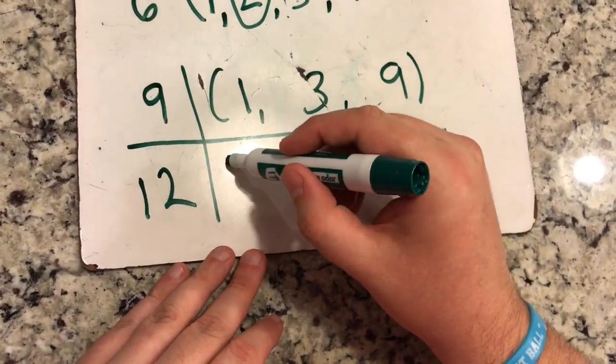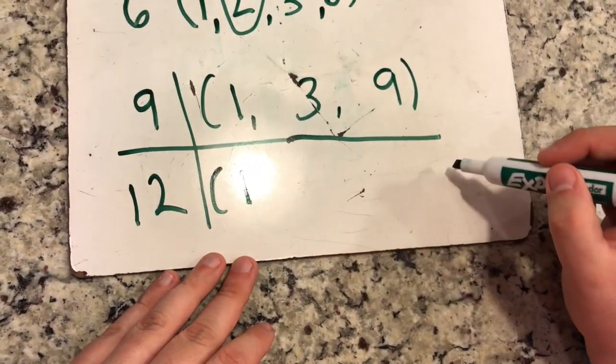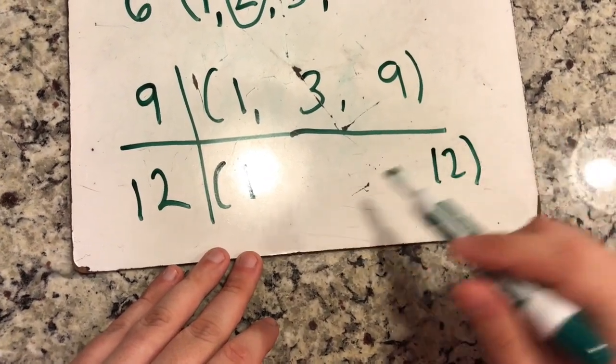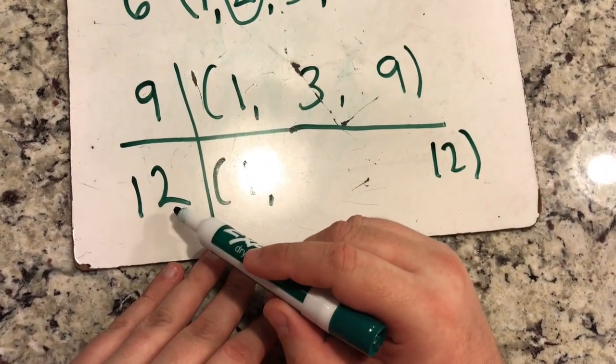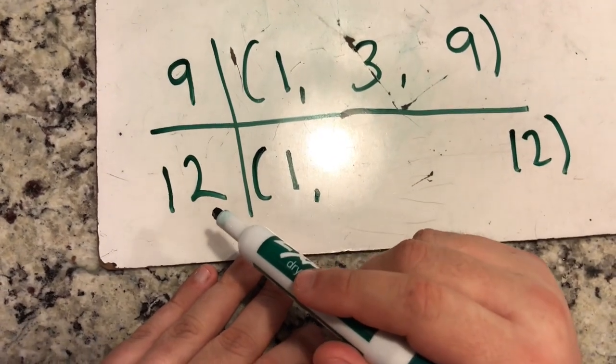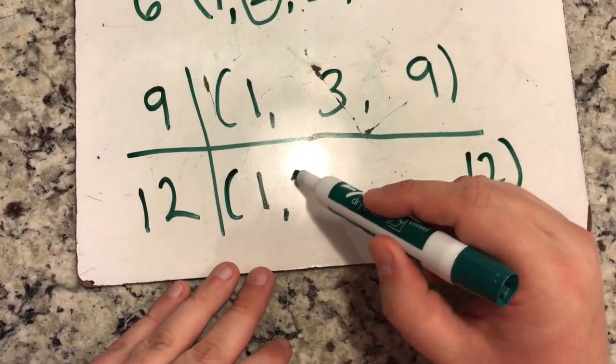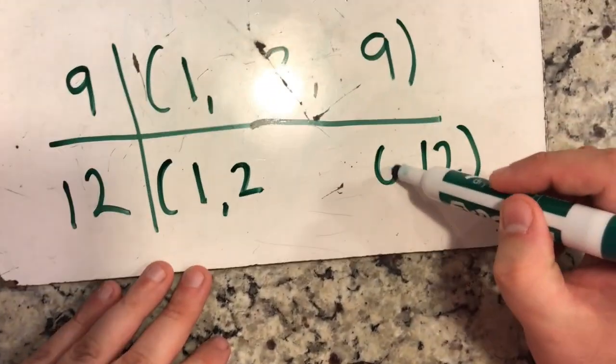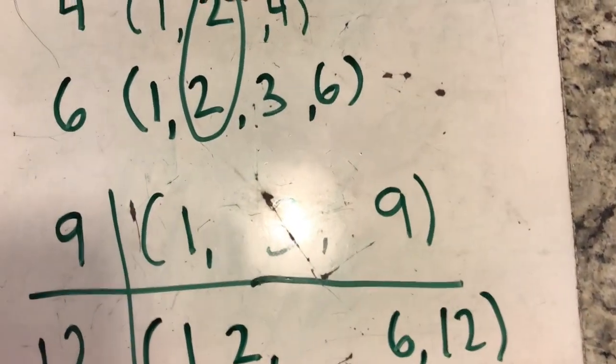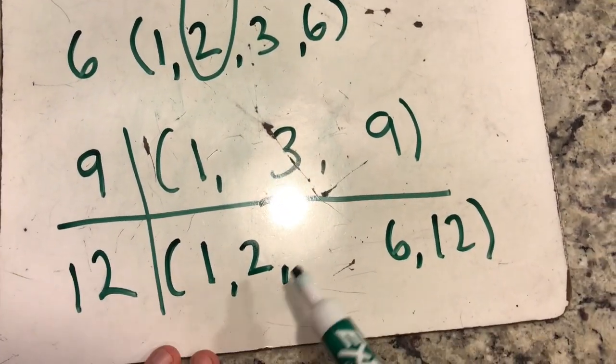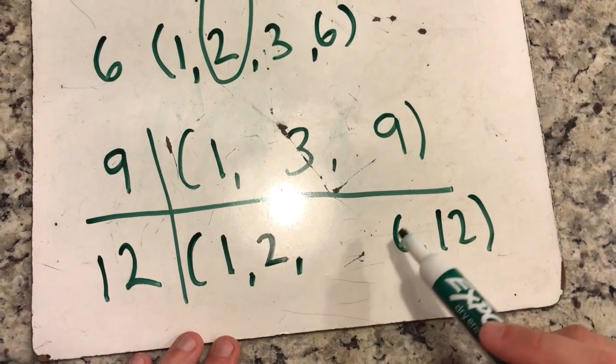All right, for 12, we have 1 and 12. This is an even number again, so we know that 2 has to go in there. So this is going to be 2 times 6. Now if there's any other factors left, it has to be bigger than 2 but smaller than 6.